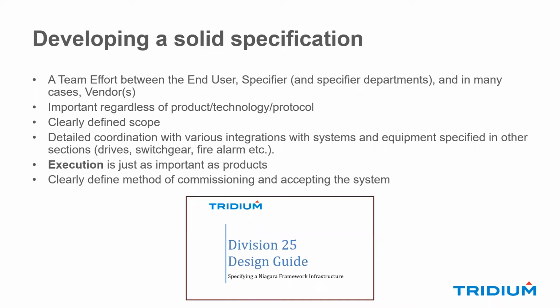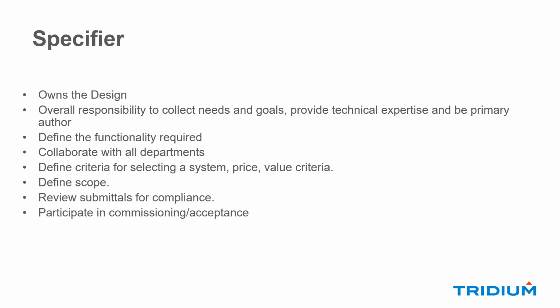We also want to clearly define a method of commissioning and accepting the system. We're going to offer you a whole list of documents to help you in creating specifications. One of them is the Division 25 design guide, which talks about how to utilize our Division 25, what all the different pieces and parts are, and we'll cover a little more of that later.